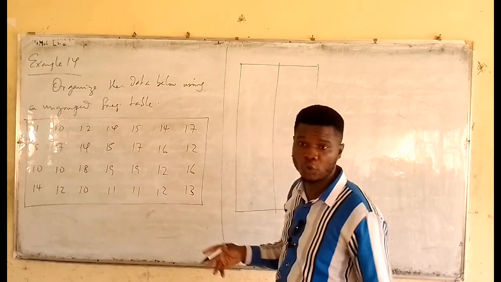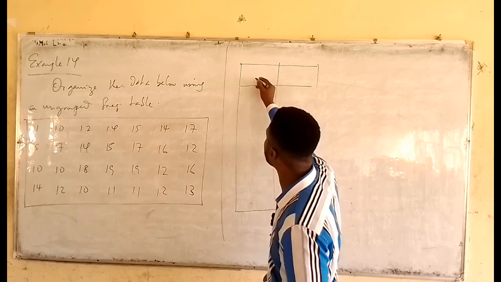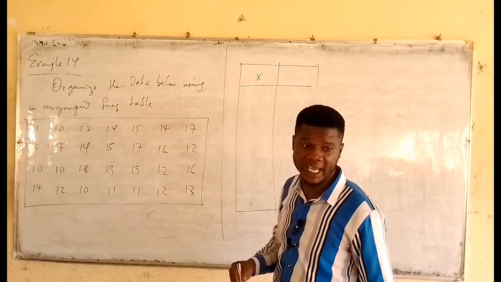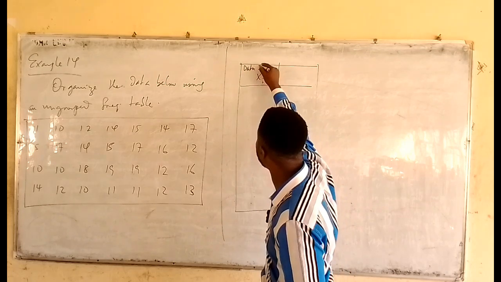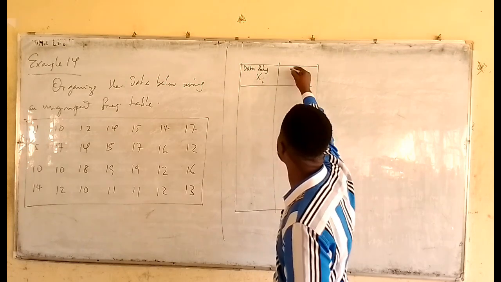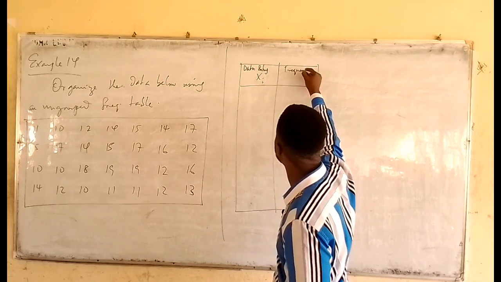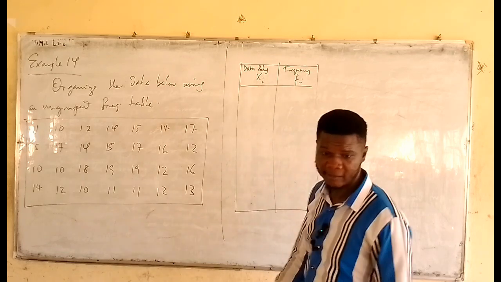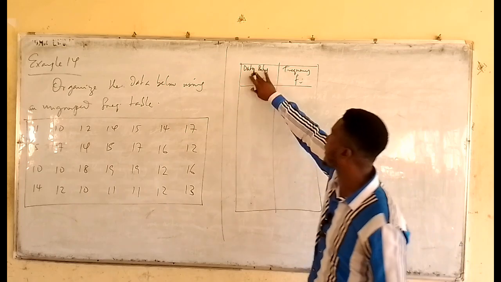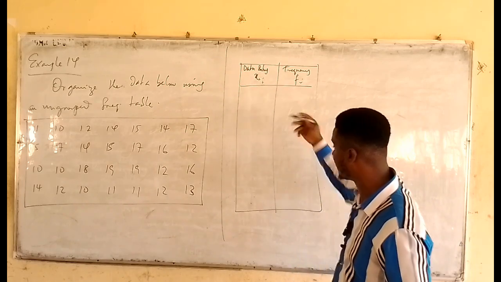It has two columns. One column is for your X column. What did we say the X column is called? Your data entry column. Is it not so? Then this one is for frequency, and we call this one Fi.